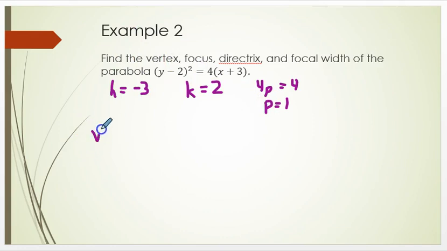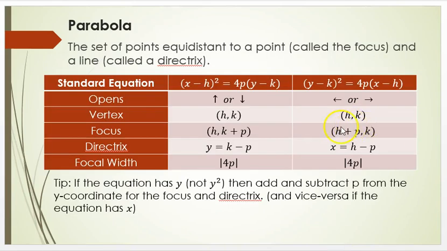So again, our vertex, this is always just h comma k. So I can plug in -3 comma 2. Then we have our focus. And so let me go back to the formulas to show you where this is coming from. Okay, our focus is going to be h plus p, comma, k.